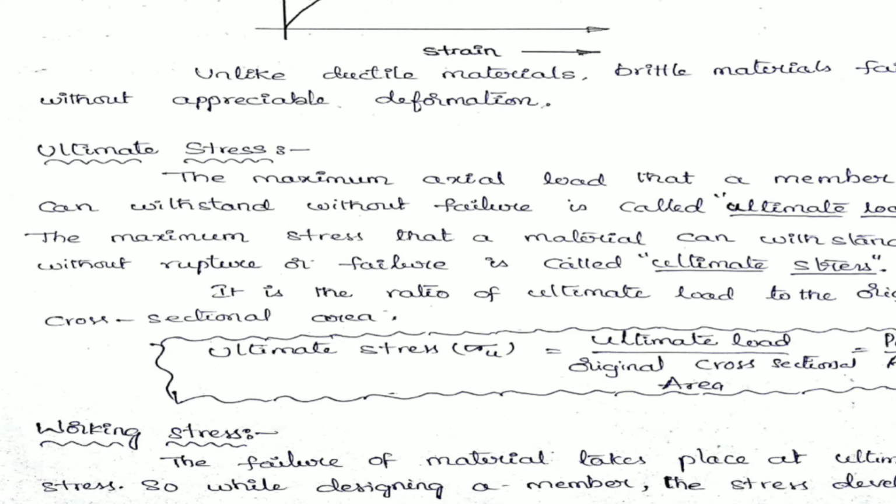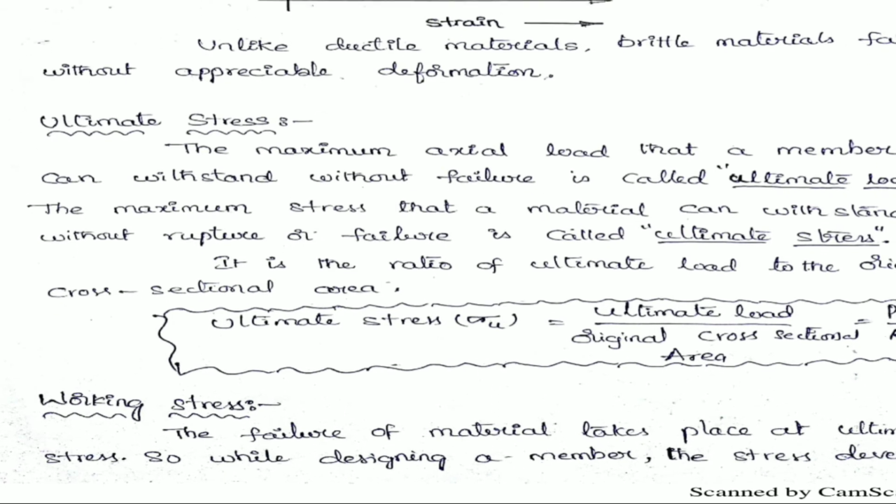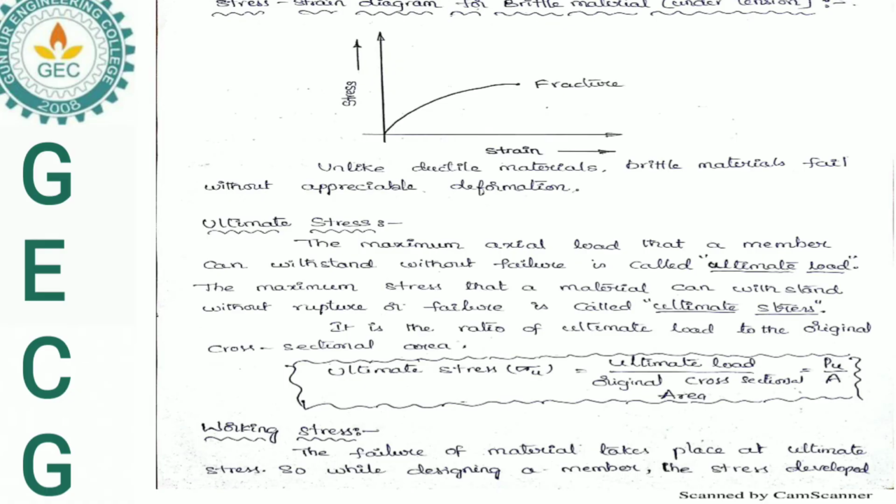Ultimate load means the maximum axial load. Ultimate stress means the maximum stress. Ultimate stress is denoted by sigma u, equal to ultimate load divided by original cross sectional area, that is P suffix u by A. Units are Newton per mm square or Newton per meter square.